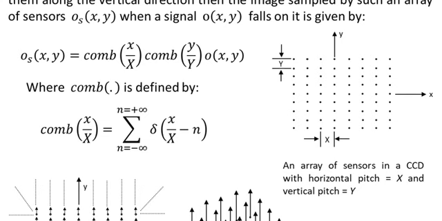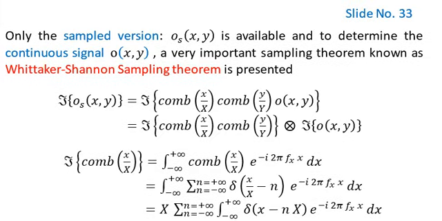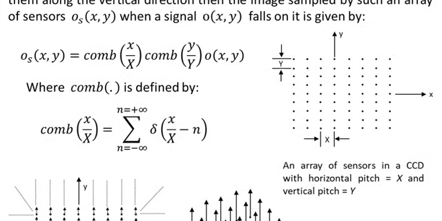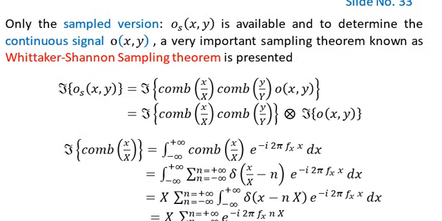Before we calculate the Fourier transform of this whole quantity, let's calculate the Fourier transform of the comb function, and then we shall plug in their values in that equation.